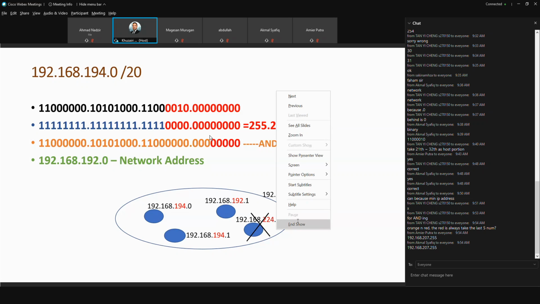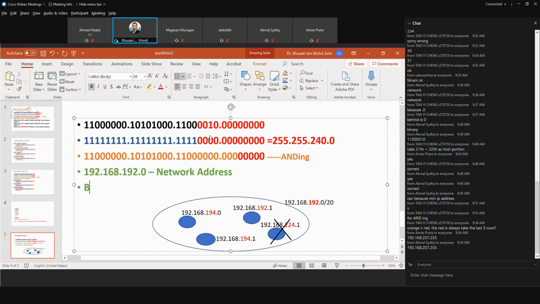I just write it here. Broadcast. So the broadcast will become, don't get confused, broadcast will become 1, 2, 3, 4.